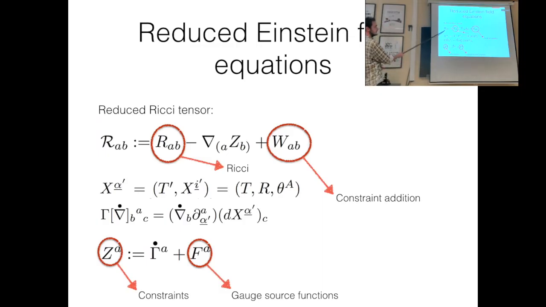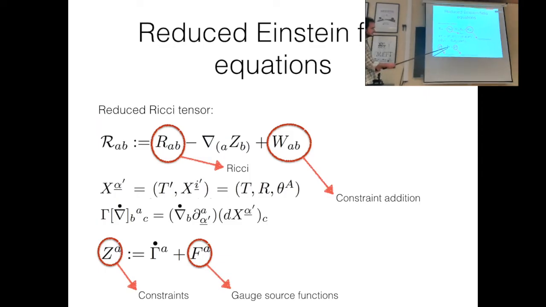This is what we call the reduced Ricci tensor, and it's defined as the Ricci tensor minus the symmetrized covariant derivative hitting the constraints set. Constraints are defined as the contracted Christoffel.